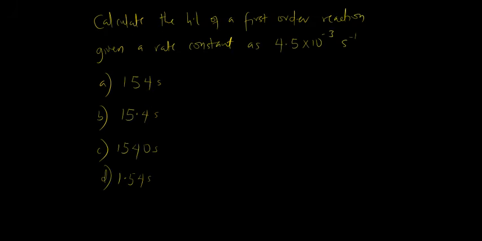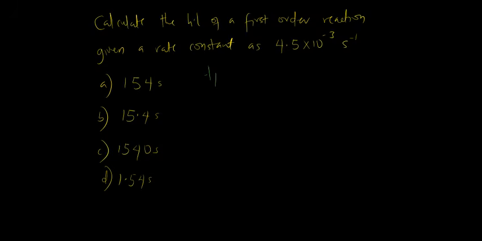Now this question says calculate the half life of the first order reaction given the rate constant as 4.5 times 10 to the power of -3 per second. Then we are asked to find the half life. So what we will do is write, we know half life is equal to unknown.